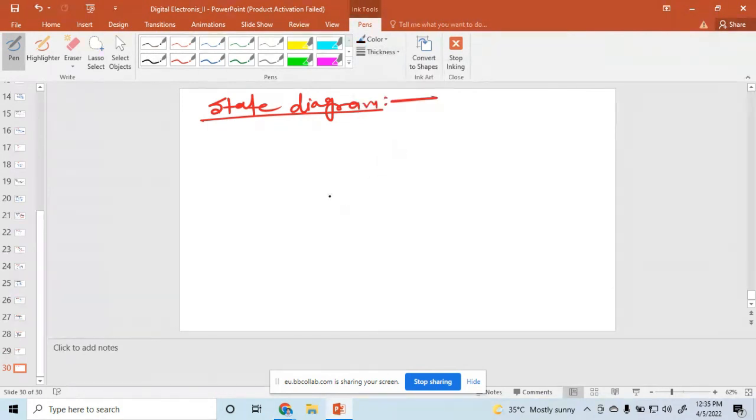One state is called 0, and another state is 1. I want to show this using the excitation table. When you go from 0 to 1, what happens? J is 1, but K is equal to don't care.